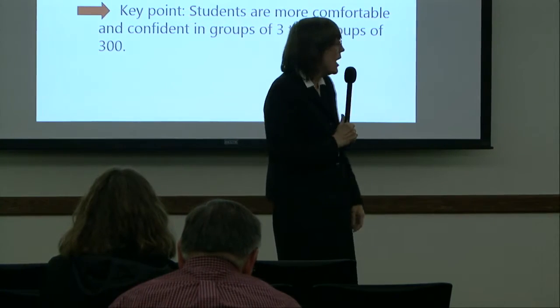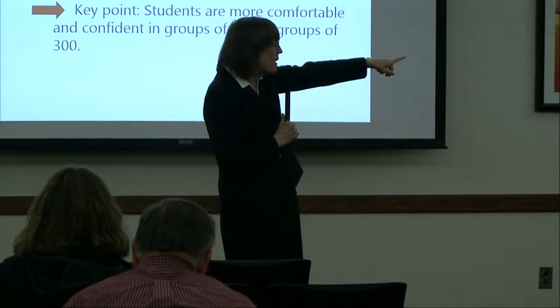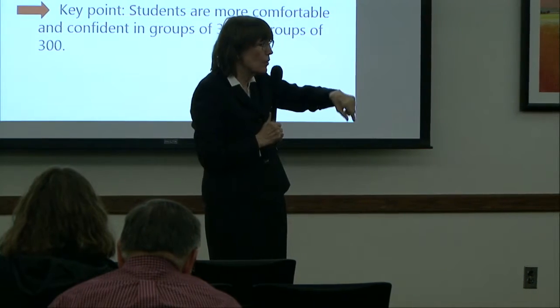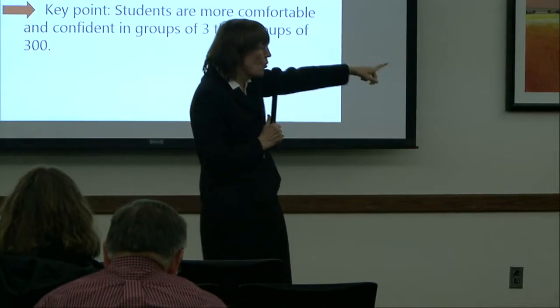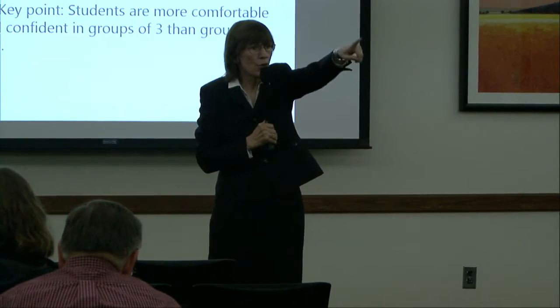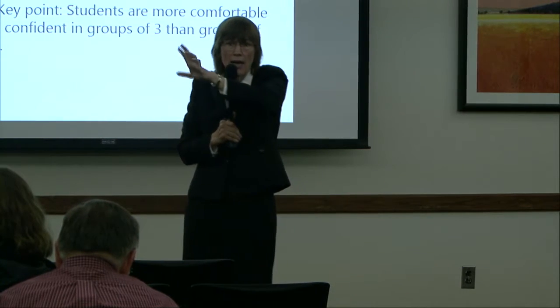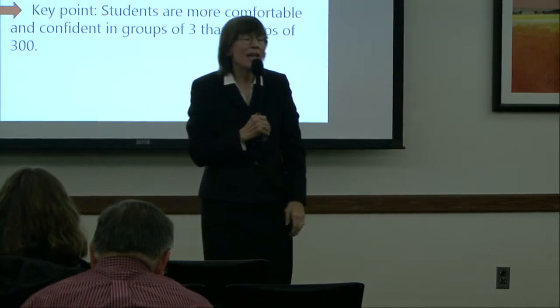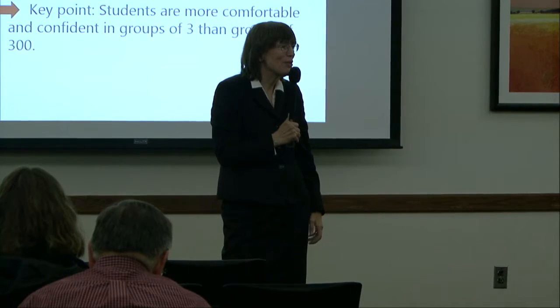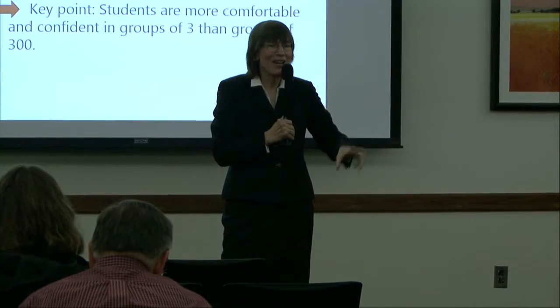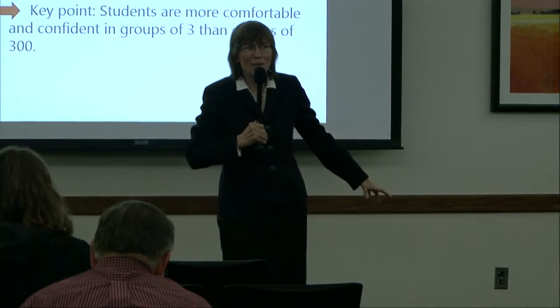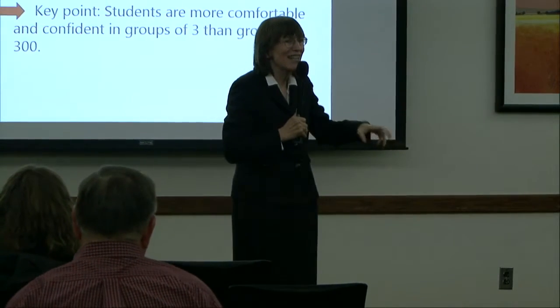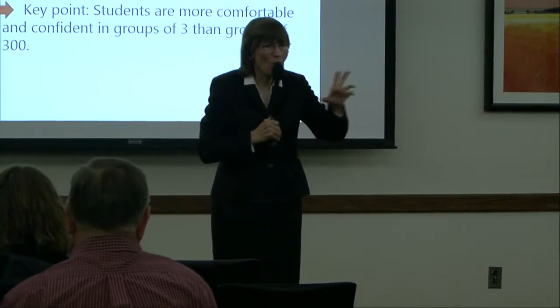And I'll say, I want all the 1s to go up here, meet together, and then sit down. So 1s here, 2s, 3s, 4s, 5s, and I have them meet up. And usually, even though I tell them to meet up and then sit down afterwards, everybody just meets and they kind of mill. And then I say, it's okay, you can go sit down, and they'll all sit down.